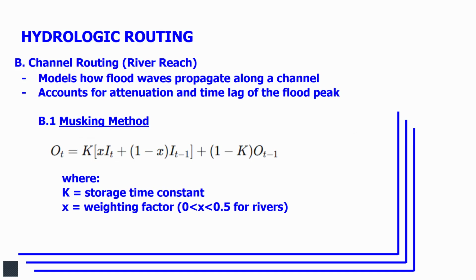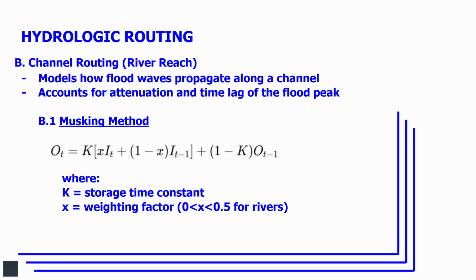There is one method used in channel routing, which is the Muskingum method, wherein O sub t is equal to k times the quantity of x I sub t plus 1 minus x times I sub t minus 1 plus the quantity of y minus k multiplied to O sub t minus 1, where k is equal to storage constant and x equals the weighting factor, where x is greater than 0 but less than 0.5.